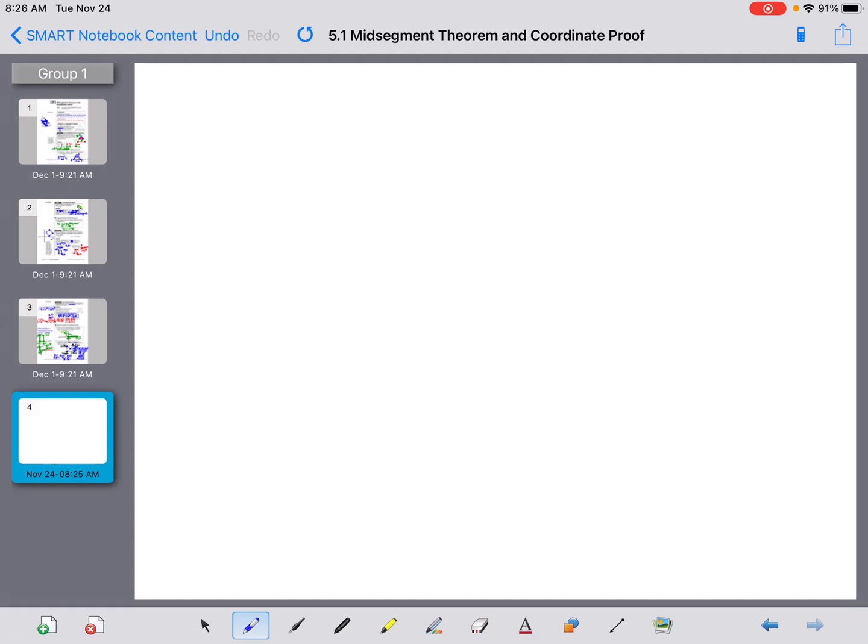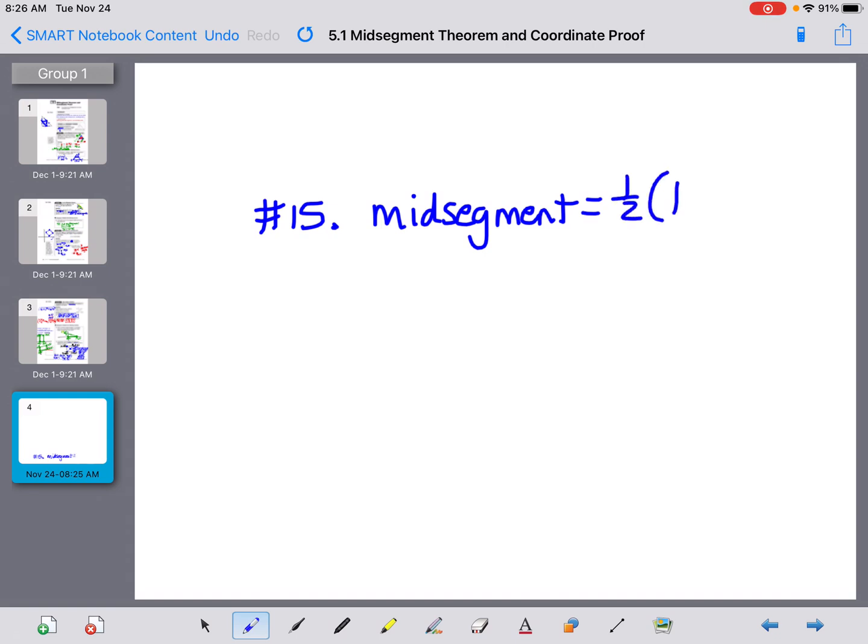Let's look at number 15 on your worksheet. I'm going to do a quick setup for you. I want to stress this equation. In our notes, we talked about the midsegment equals half the parallel side. So make sure we know what that is.